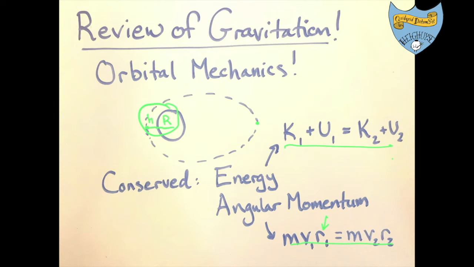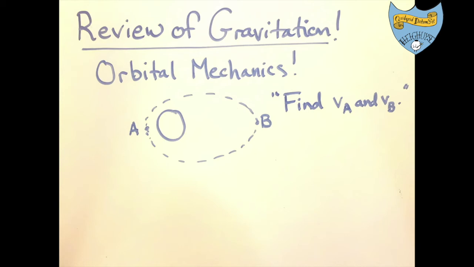Okay, moving on. If they ask you to find the speed at those two positions, here's your procedure. Ideally, you can just use conservation of angular momentum because it's so easy. If they tell you the speed here, the radius, also the speed here, and they want to know the other radius, you know 3 out of 4 things.